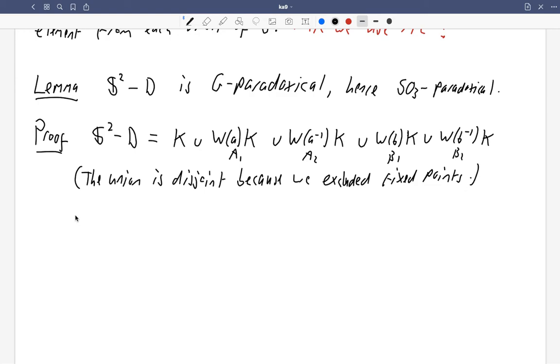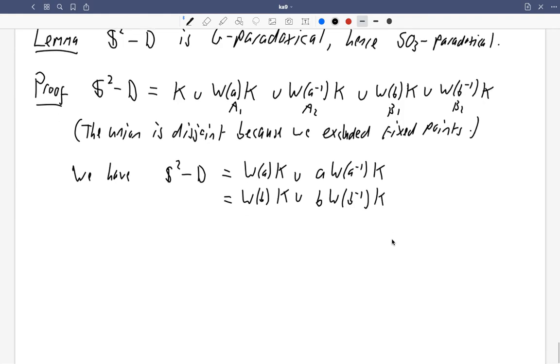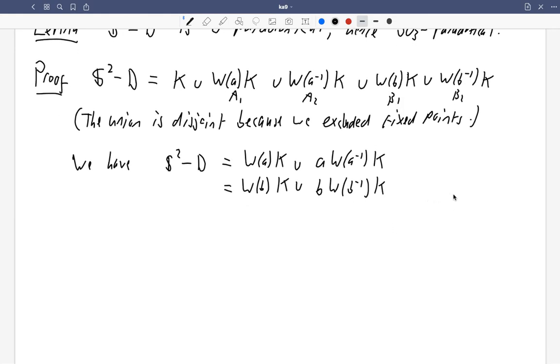So we have that S, the sphere without the fixed points of these countably many rotations, is WAK union A times WA to the minus 1 of K, and it's also WB K union B of WB to the minus 1 of K. So this shows that it is indeed paradoxical.